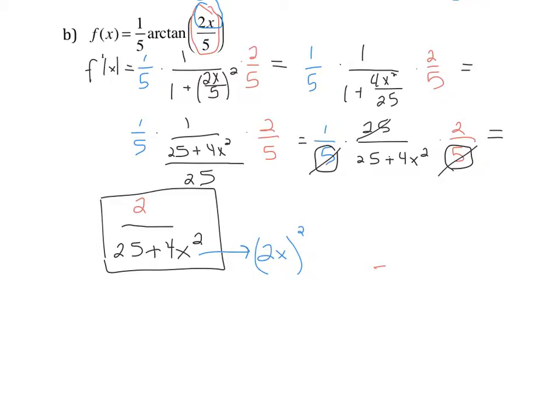So 2x is sort of acting like our u. Then this 25, well that came from our denominator down here. This was 5 squared. So the 5 is kind of going to act like our a, our constant.